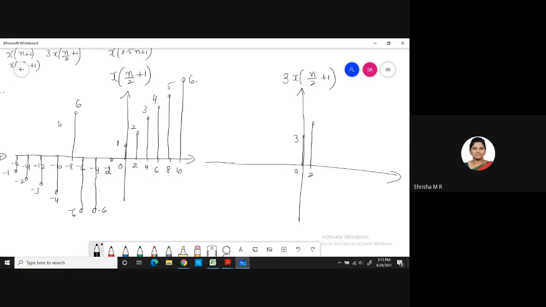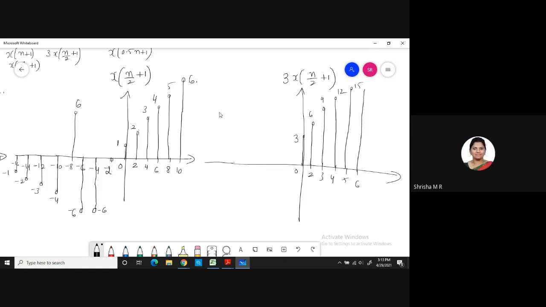At 2, it will be 6. At 3 it will be 9, at 4, 12, at 5, 15. At 6, it will be 18.